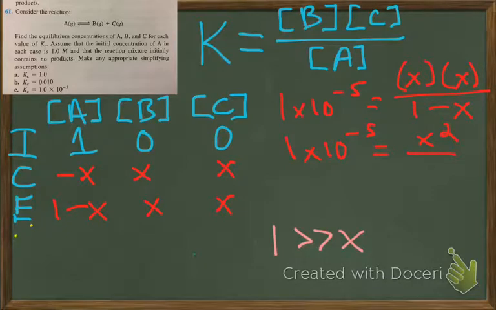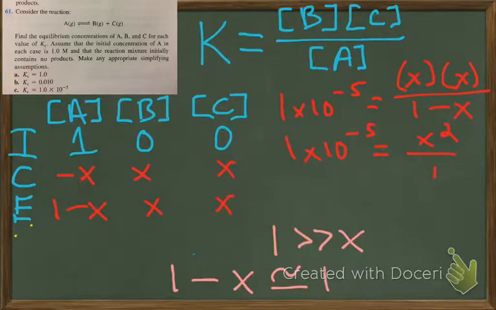And what does that imply? That implies that 1 minus x equals 1. So what makes this really nice is this is now divided by 1, which means I don't have to do the quadratic equation.